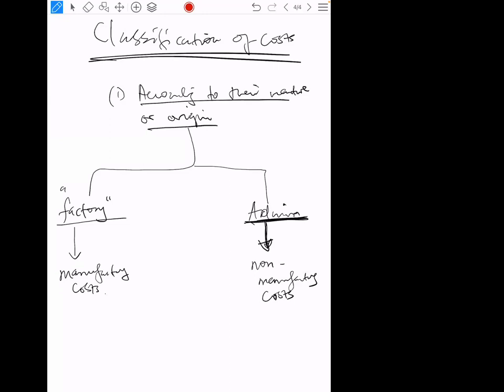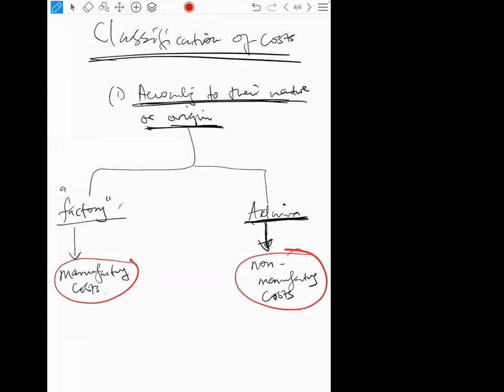So now, if you are going to classify a cost according to their origin or nature, you are going to classify them as either manufacturing cost or non-manufacturing costs. This that I was using here, factory building, it was there to act as a mind map so that you understand what is going on.